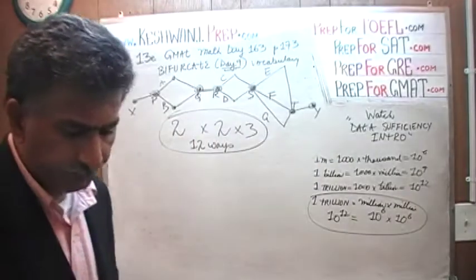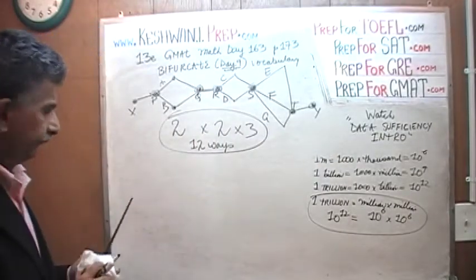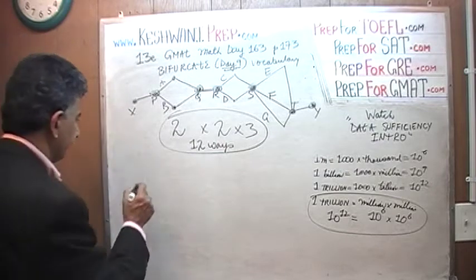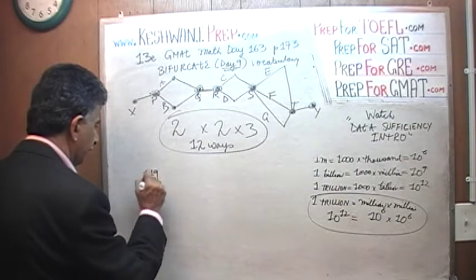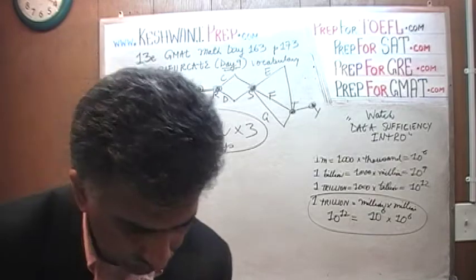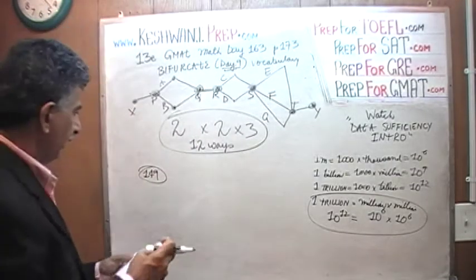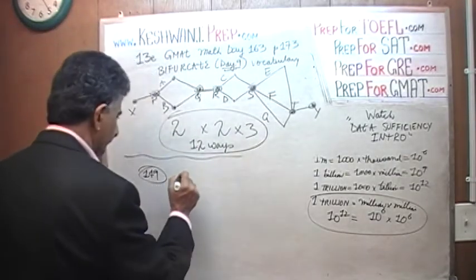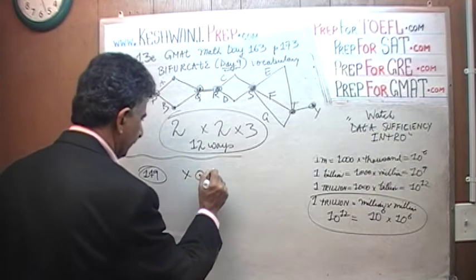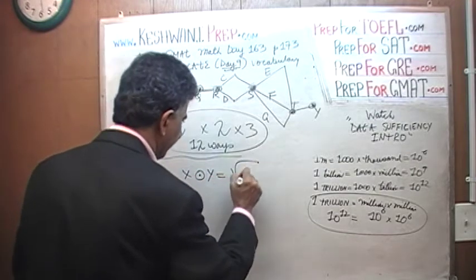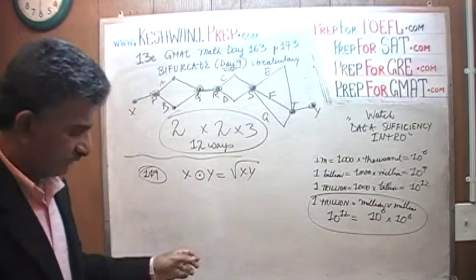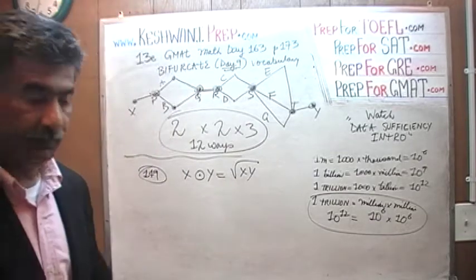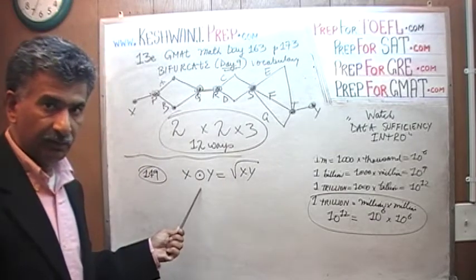Let's do the next one, shall we? Number 149. In 149 we are told that a relationship exists between variables X and Y. This symbol has no name, it's just a set of instructions.